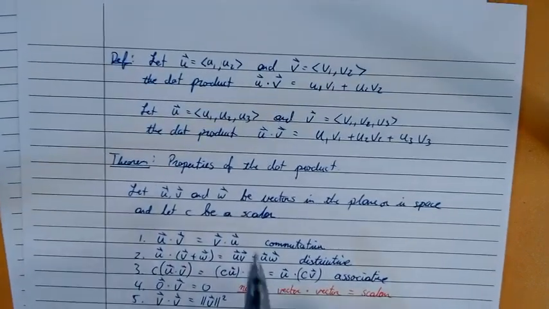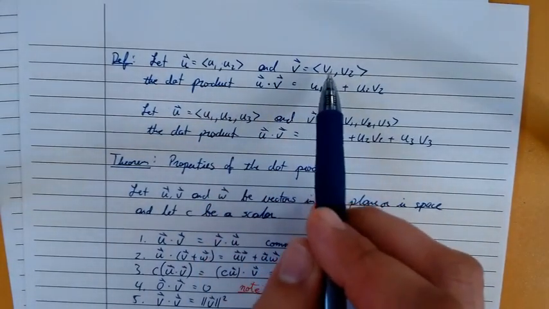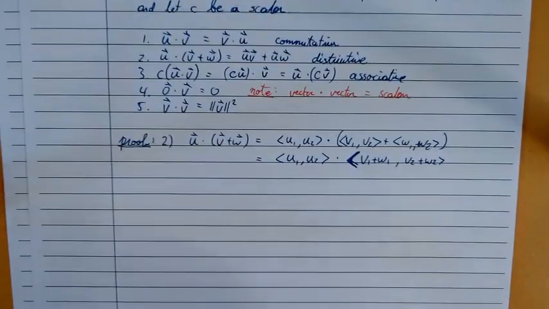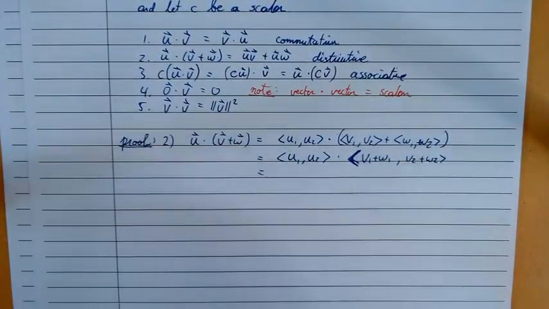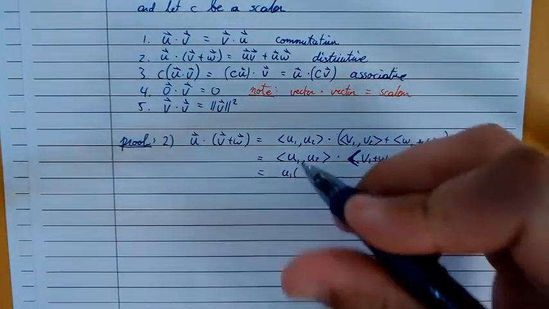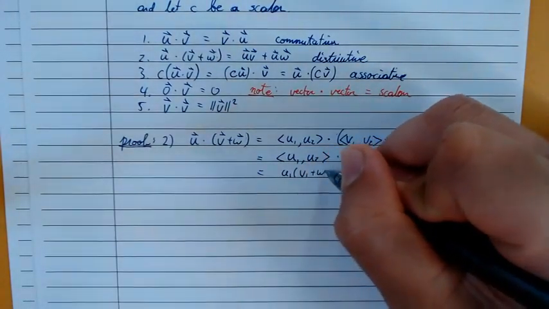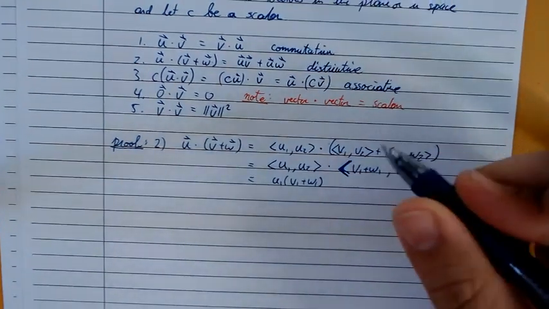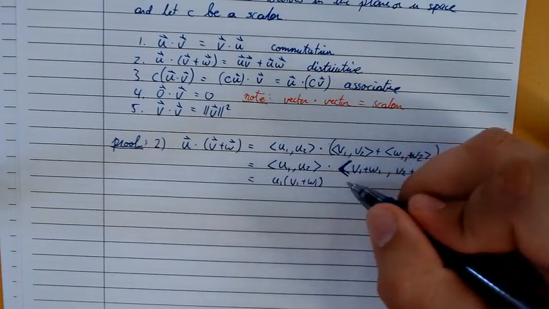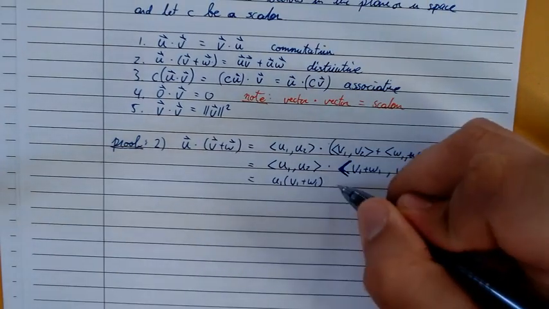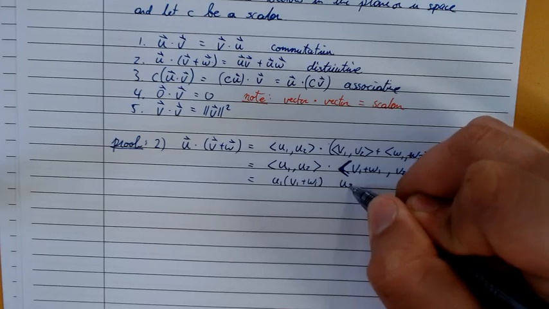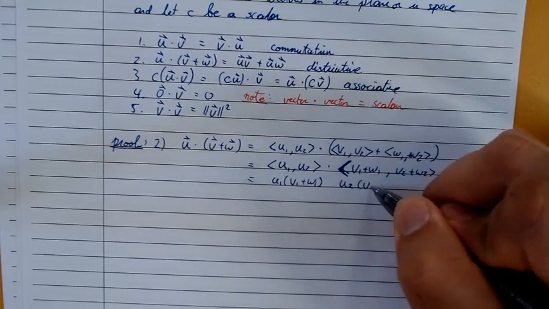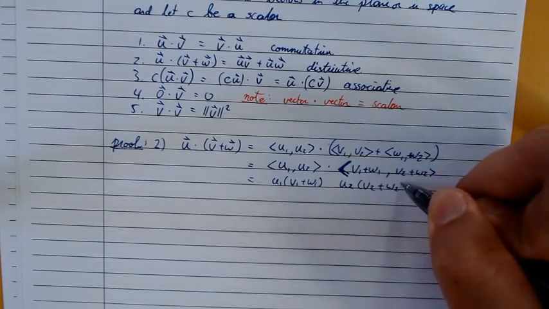Okay, so now we're going to take the dot product. By definition, we're going to take the first component times the first component, then the second component times the second component, and add. So first component times first component, that's going to be u1 times v1 plus w1. And then the second component times the second component, that'll be u2 times v2 plus w2.